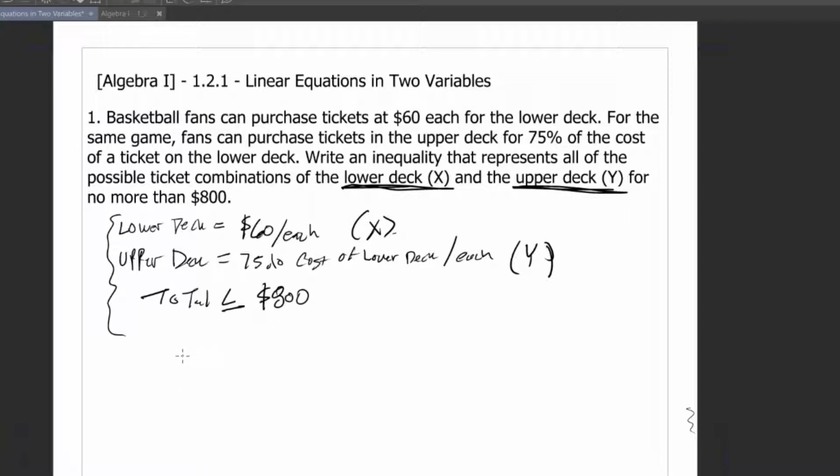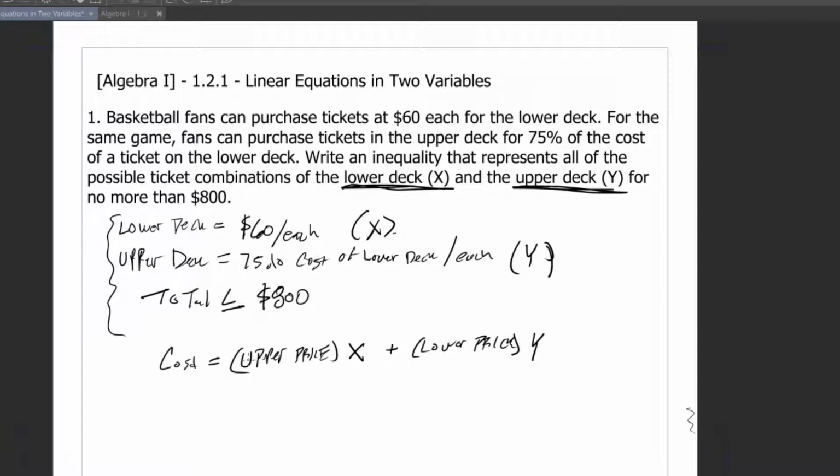Okay? And we're looking for an equation that represents the total number of ticket combinations, right? So the equation looks something like this. The cost equals upper deck price, so upper price, times the amount of upper deck tickets sold, which is X, plus the lower price, the lower deck price, times the amount of... I think I got that backwards.